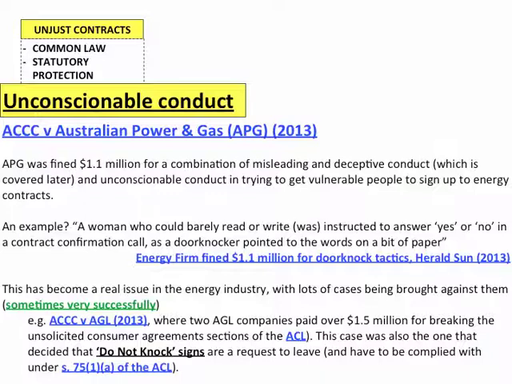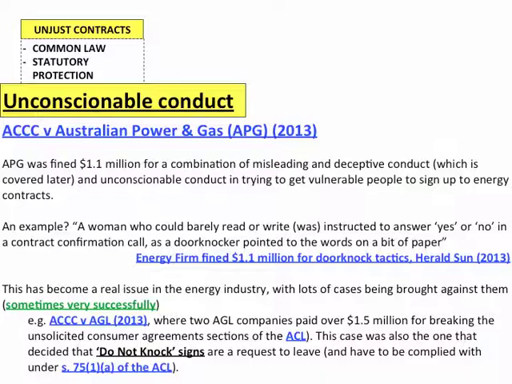And then the person in the house didn't say the words "please leave," right? And the question came up: wait, didn't they already ask the guy to leave by putting a sticker that said "do not knock"? And the court said yes. A do not knock sign is a request to leave immediately, and not be there.